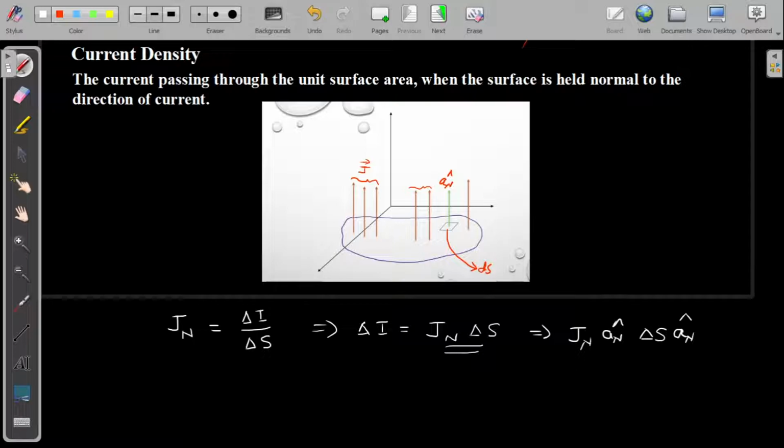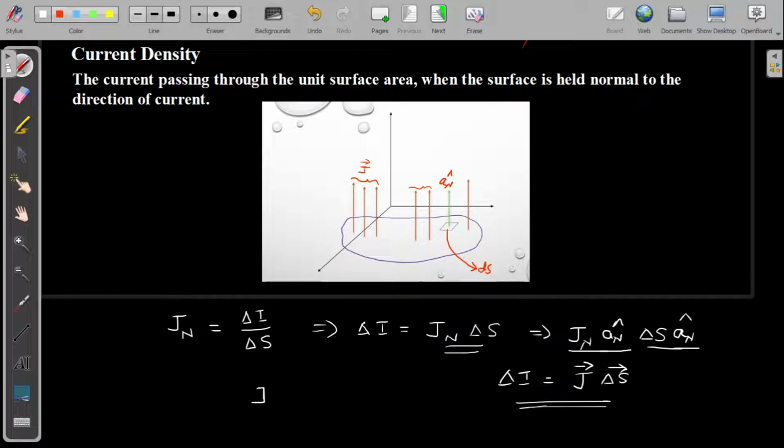So I can write the incremental current delta I as Jn an cap, delta S an cap also. In the sense, delta I is nothing but J vector delta S vector. Nice, because Jn an is magnitude into direction, that can be written as a vector. Delta S an cap is also magnitude into direction, that can be written as a vector. So I can easily write delta I as J vector delta S vector.